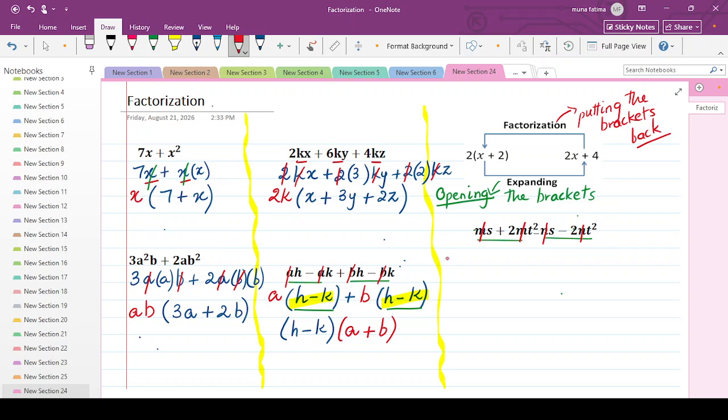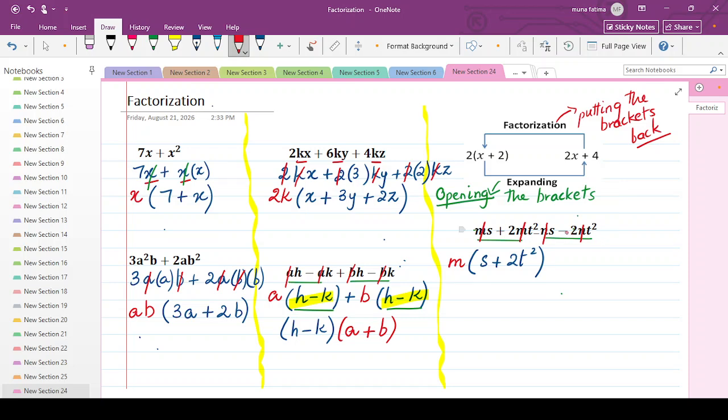We write a common term outside the bracket and we write what we have left inside the bracket. We have s left over here and we have 2 and t square left. Bracket close. And now we're moving on to the next one.